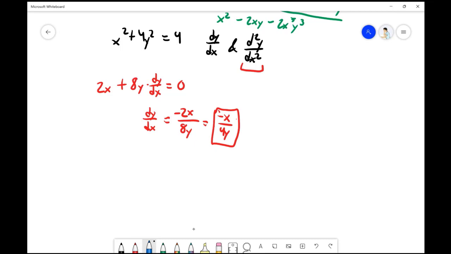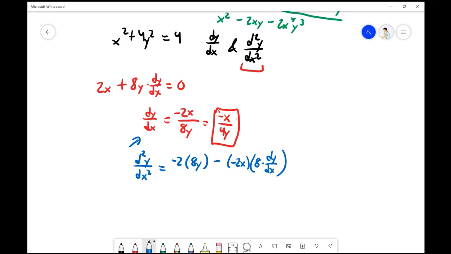So how do I get d squared y dx squared? If you do implicit differentiation here, you immediately get d squared y dx squared on the left, but the right gets slightly ugly. Like Brian mentioned in the presentation, you end up with negative 2x times 8 times dy dx.